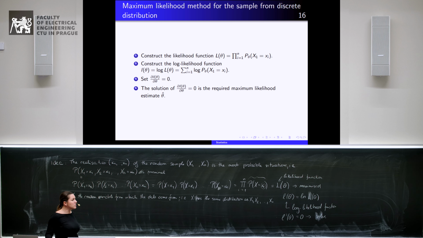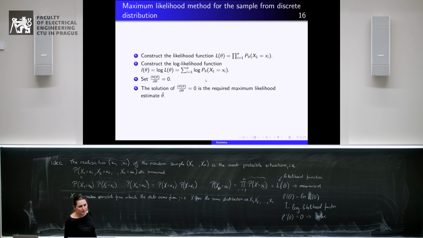First, we construct the so-called likelihood function, which is this product. I explained to you why. And then we follow the classical approach for finding the extreme of the function.